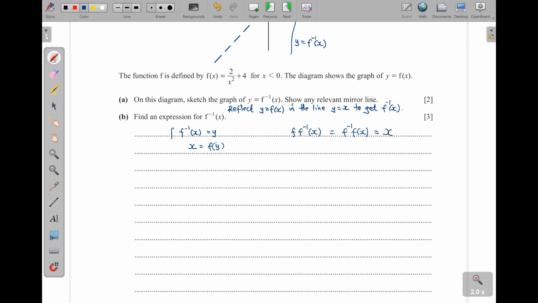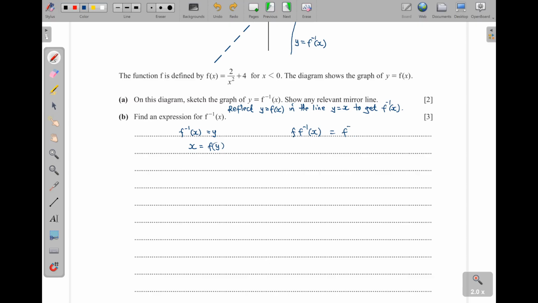So when I introduce f on both sides, you can see that this becomes the x here, and is equal to f of y.